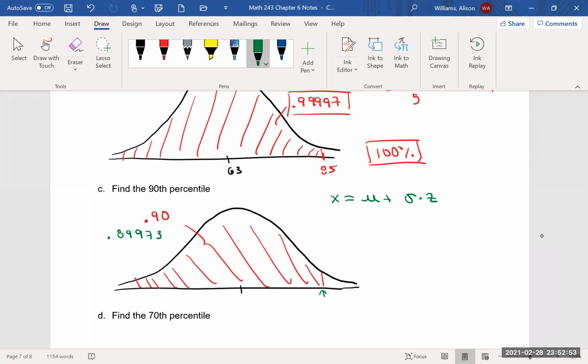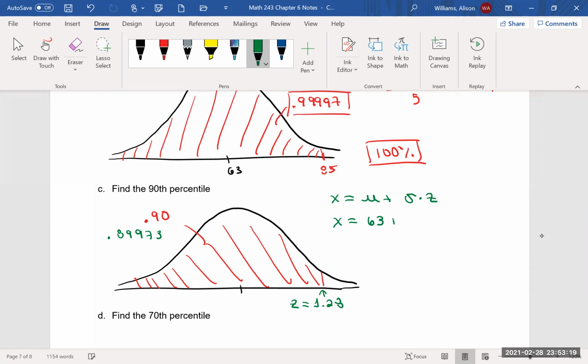I also see a 0.90147, but I think that's a little bit high. So the z-score that this number, 0.89973, the closest I could find, is working for is 1.28. That's the z-score. So that's what I'm going to use to find the data value.